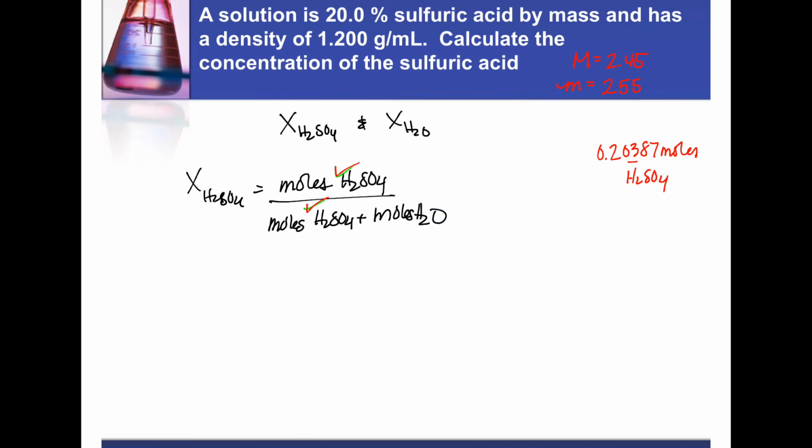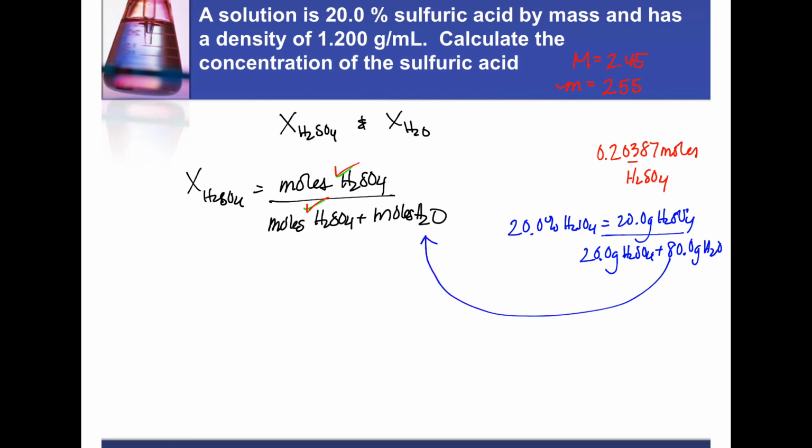But when we reminded ourselves that 20% sulfuric acid means 20 grams on the top and 20 grams on the bottom, and that meant that there were 80 grams of water, we can use that 80 grams to find moles of water.